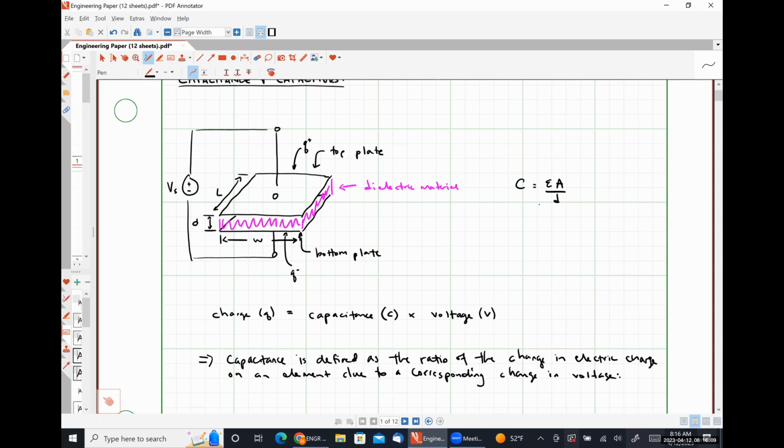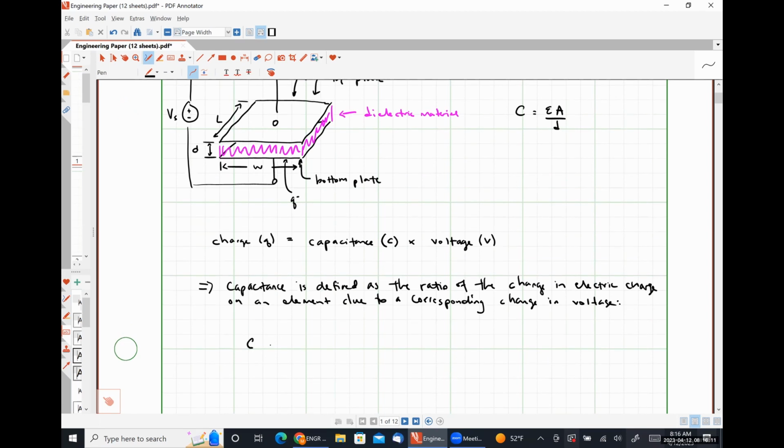Or C is simply equal to charge over voltage. And from that, we can see that we have units of coulombs per volt, which is an amp second per volt, which we call a farad, symbol F.